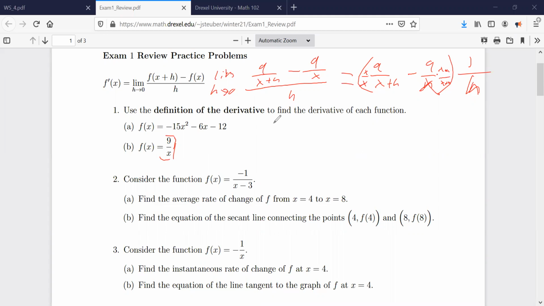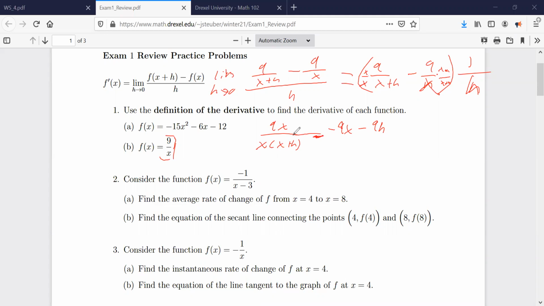So that gives me 9x divided by x times x plus h minus 9 times x plus h divided by x times x plus h.